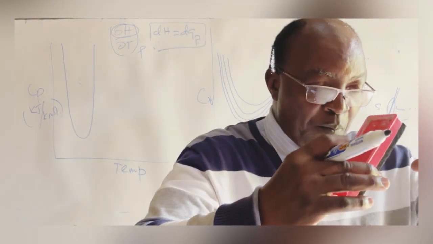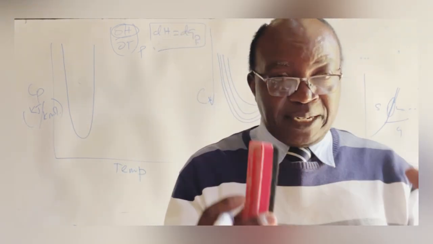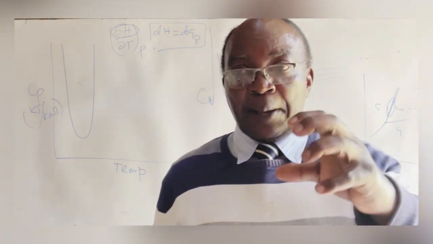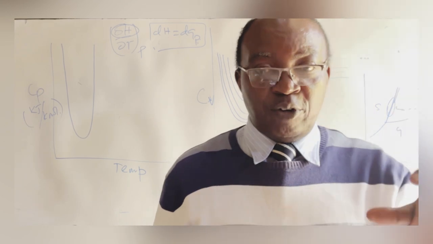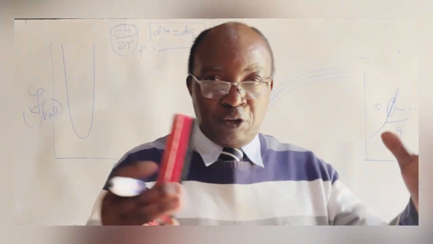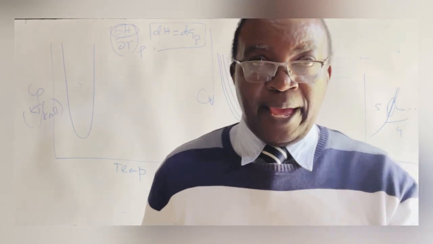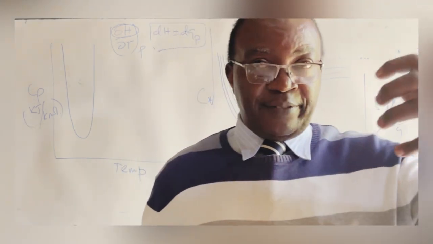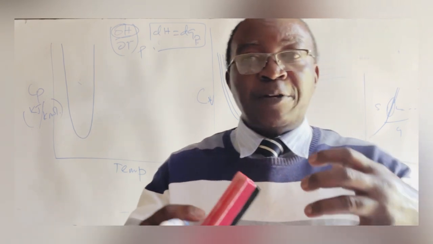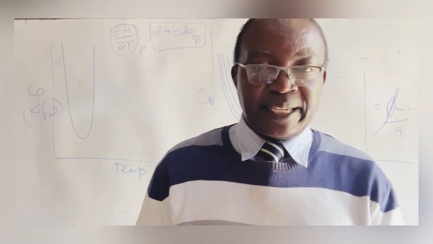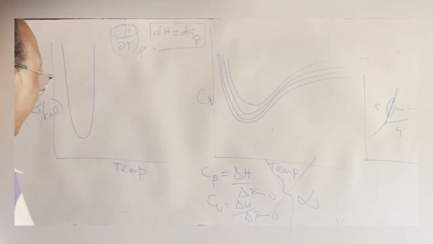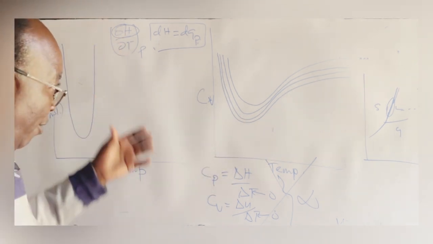So you determine the change in internal energy from the measurement of the heat supplied under constant volume. You determine the internal energy values at different temperatures, you plot that to get the slope, and that gives you the change in internal energy with temperature, which is Cv. And then when you plot this Cv versus temperature, you get the kind of plots which you have for internal energy, and also for enthalpy.